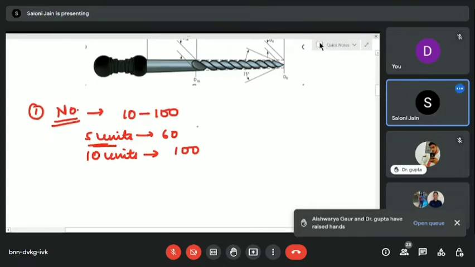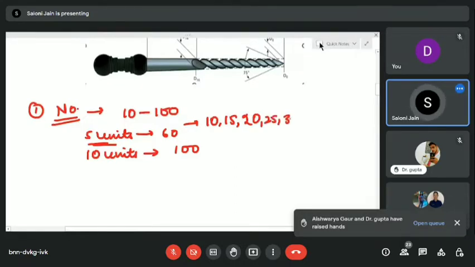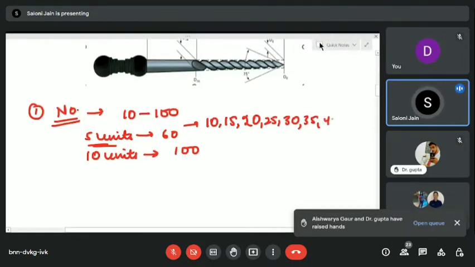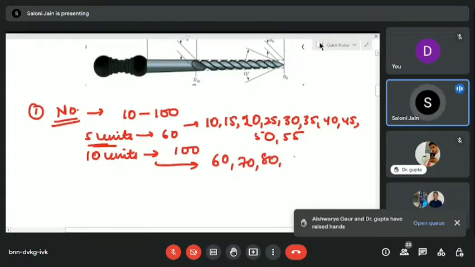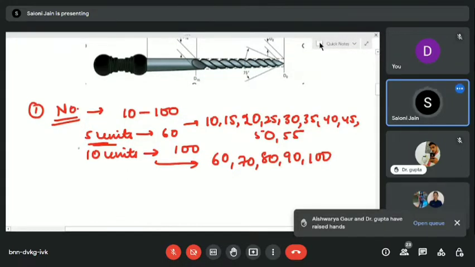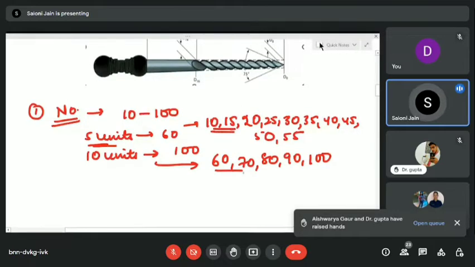That means 10, 15, 20, 25, 30, 35, 40, 45, 50, 55. And after 60 till 100, they'll be increased by 10 units, that is 60, 70, 80, 90, 100, like this, by 5 units each and by 10 units each.